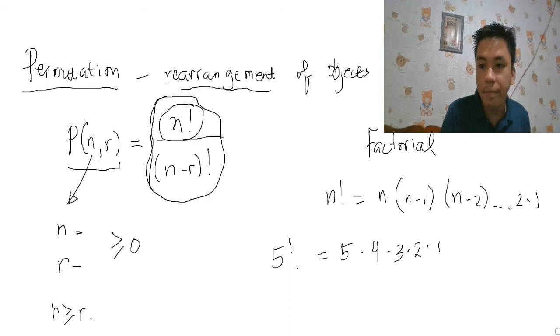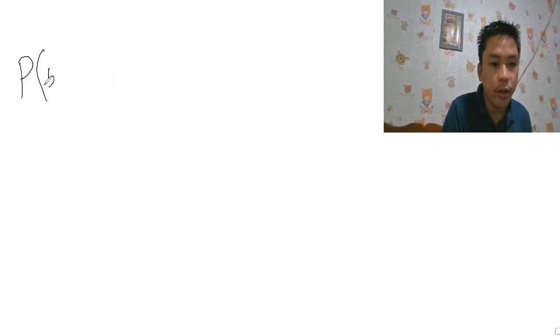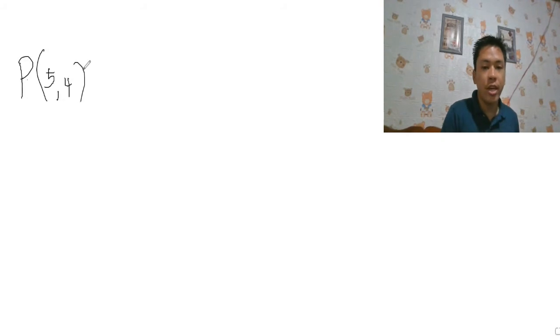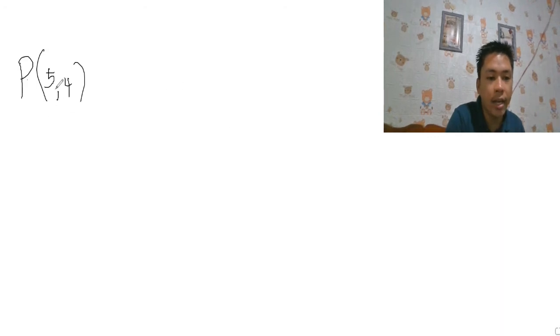So let's consider an example. What is P of 5, 4? That means permutation of 5 objects taken 4 at a time. In this case, our n is 5 and our r is 4.